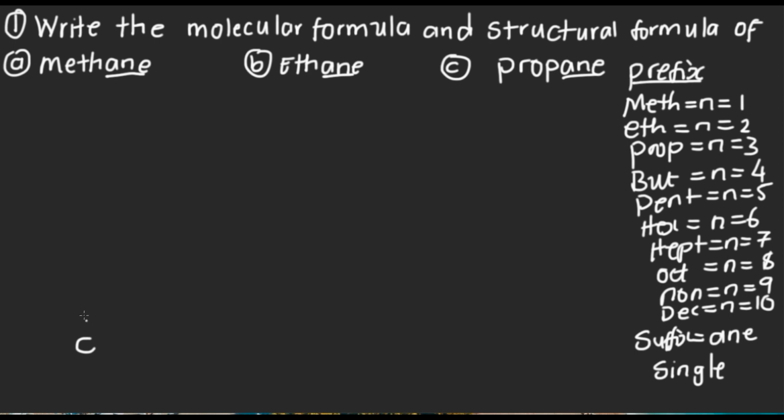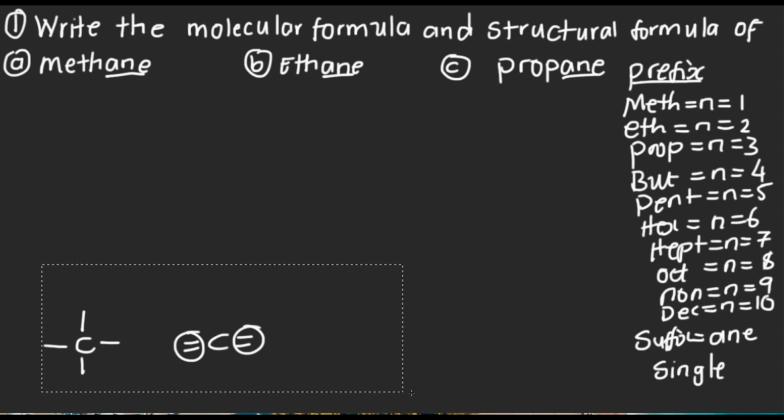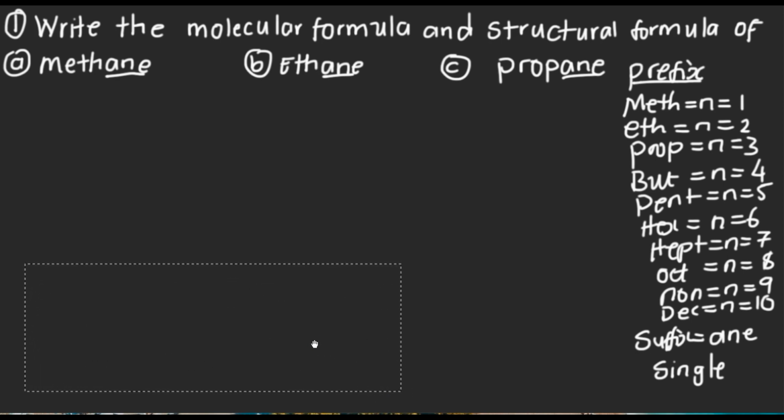So carbon makes 4 bonds: 1, 2, 3, 4. Whichever way you draw it, you need to make sure that you have 4 bonds in total. That's why for hydrogen, we just put a single bond, because hydrogen has a valence of 1.